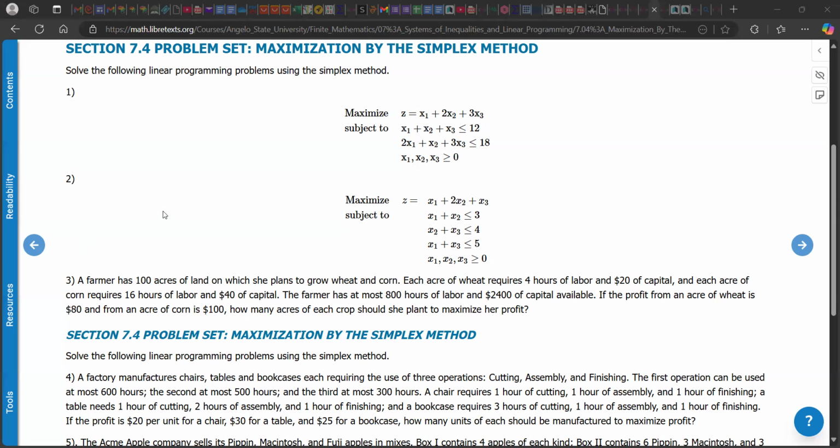So what our focus will be this evening is how to use a simplex calculator to help you quickly calculate the solution to a linear programming problem.